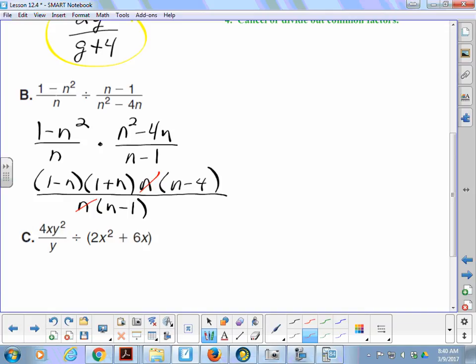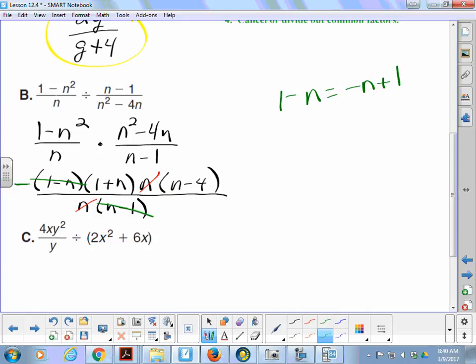Now, with the n minus 1, these two I can get rid of because they're opposites, but what do I need then if I do that? Anybody know? I need a negative sign. Because basically this 1 minus n is actually negative n plus 1, right?